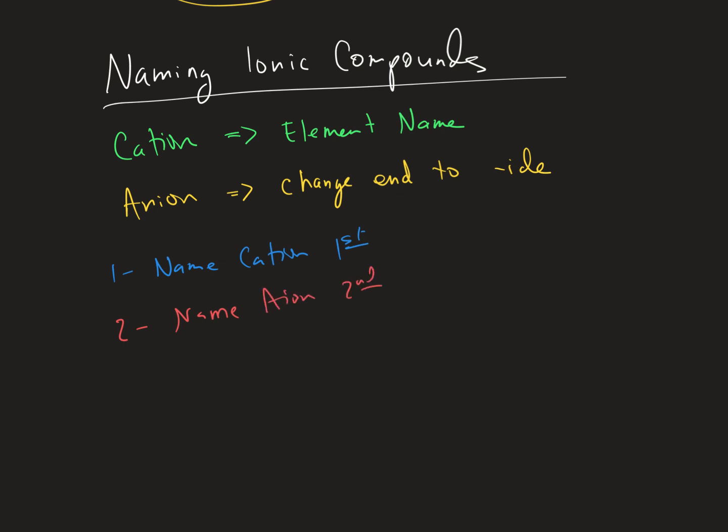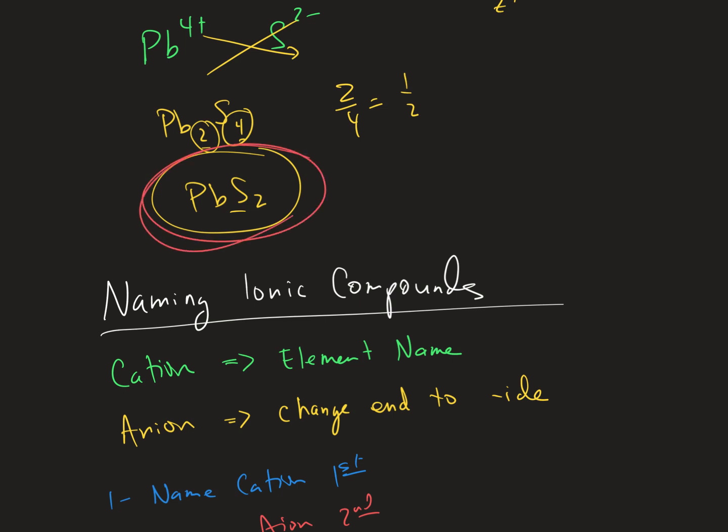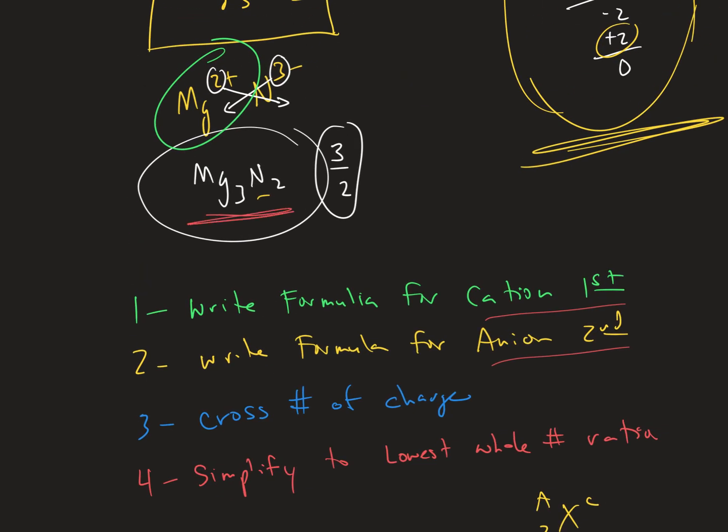So what's the name of this compound right here? Lead sulfide. What about this compound right here? Magnesium nitride. We're going to get to nitrate later. But this is just a main group element, so we change the ending to IDE, not to ATE or ITE, but IDE. Are we good?